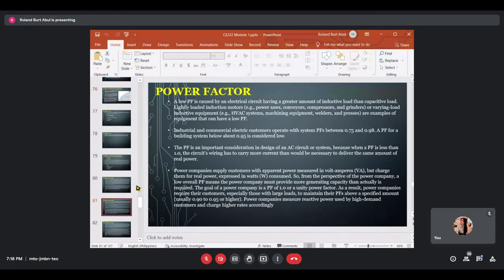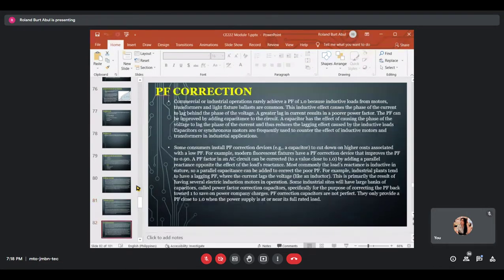A motor running with a 0.7 power factor indicates that only 70% of the current provided by the electrical utility is being used to produce useful work. In contrast, a motor running with a 0.85 PF will use 85% of the power.